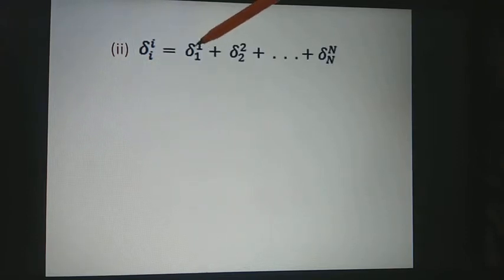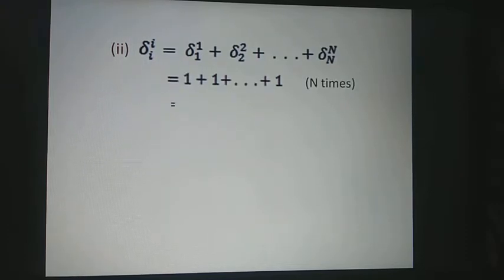So this is the sum taken over i from 1 to n, and therefore it is equal to delta 11 plus delta 22 plus up to delta nn. By the definition of the Kronecker delta, this is 1, this is 1, this is 1. So it is 1 plus 1 plus 1, n times, and hence it is equal to n. Consider the next.